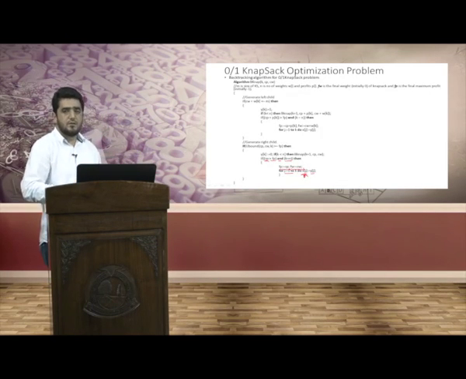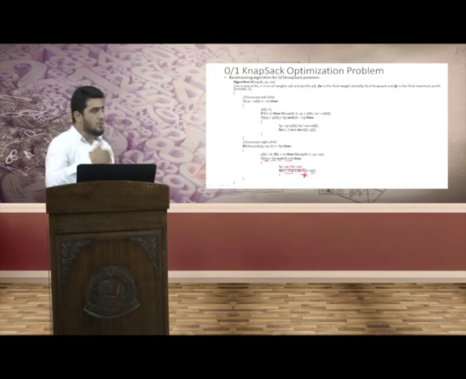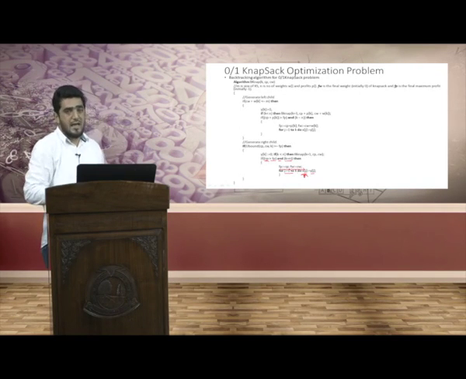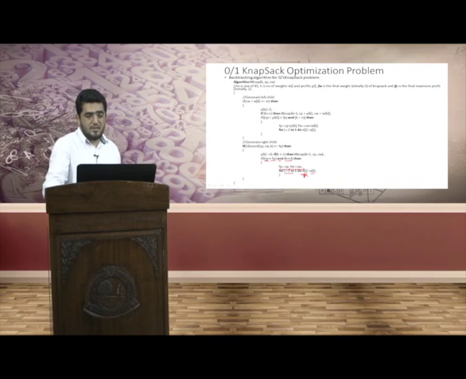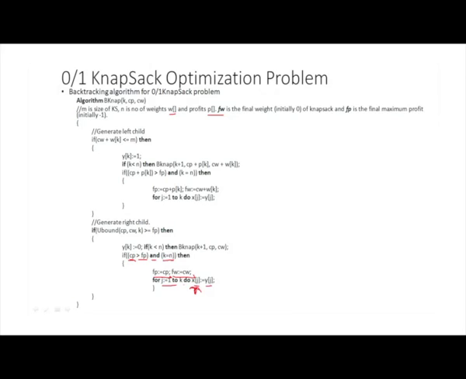This you can work out on the previous example by making calls and passing those arrays. As I already said, you can set w and p equal to the values which were earlier shown on the slides, and take final weight initially equal to 0, final profit equal to -1, and then try to dry run this code on the earlier example, and hopefully you will be able to get the idea of how it works.